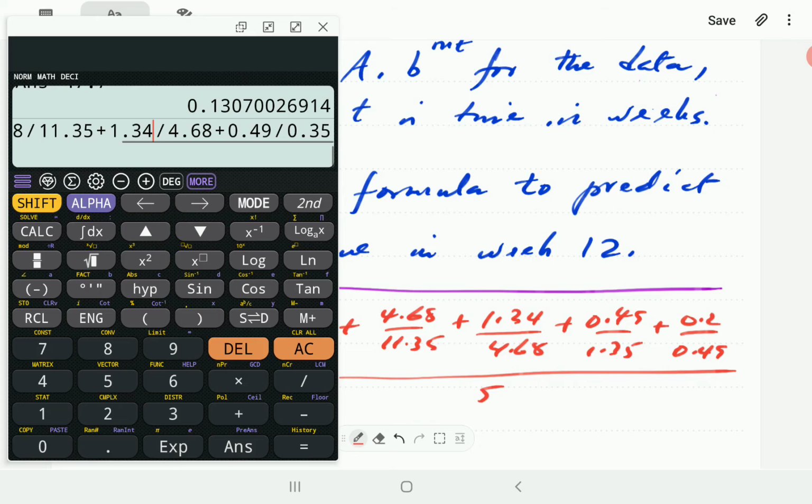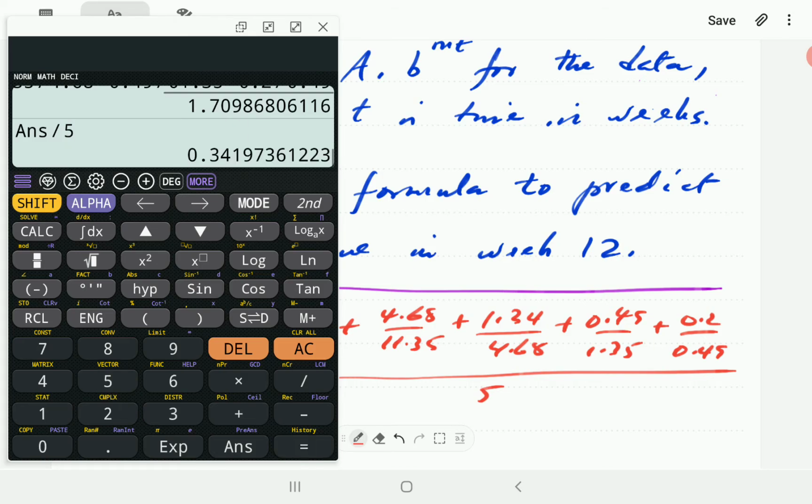Sorry, this is 1.35 here. 0.49 divided by 1.35, and then lastly 0.2 divided by 0.49. Okay, and this gives us 1.7, and then we're going to divide that by 5.